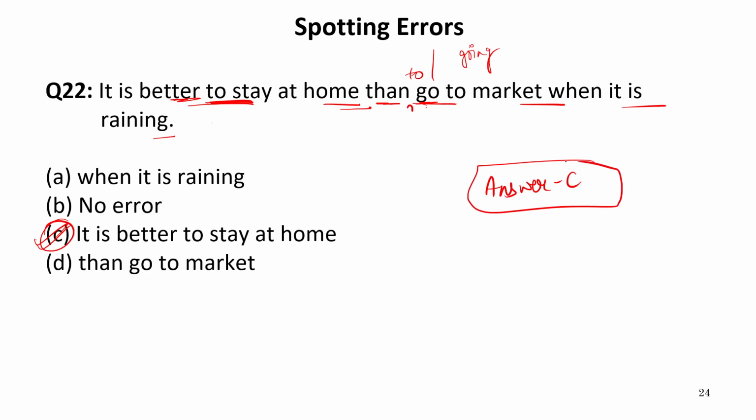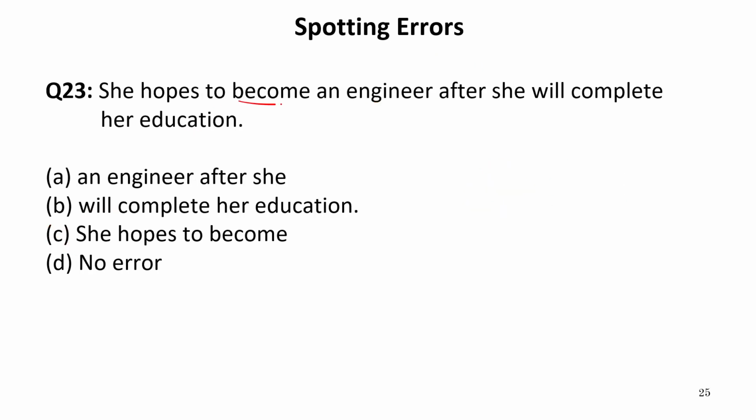Now let us move to the next one. She hopes to become an engineer after she will complete her education. Now whenever we have this type of structure, we should follow the combinations. Present makes its combination with future, and perfect makes its combination with indefinite tense.